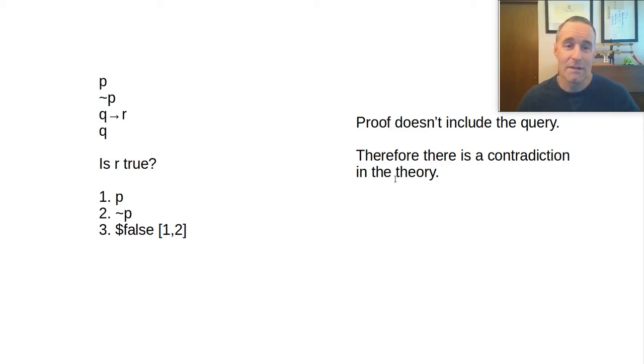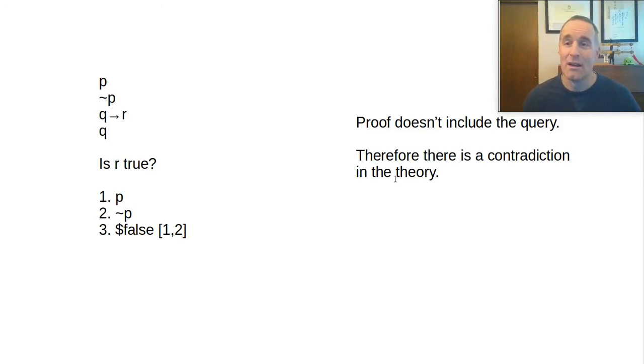It'll give you false, but crucially, you can look at that proof and say, hey, what I asked is not in there. It's just showing me a contradiction. That is a signal that's very easy to manage on an automated basis, so that you report, we have a contradictory knowledge base. You don't simply report a wrong answer because of that contradiction. That's always the fear, right?